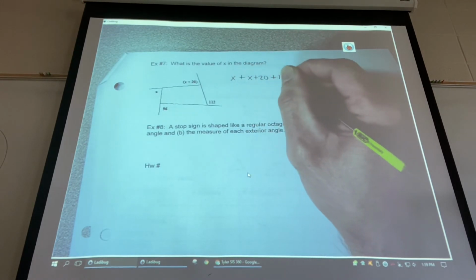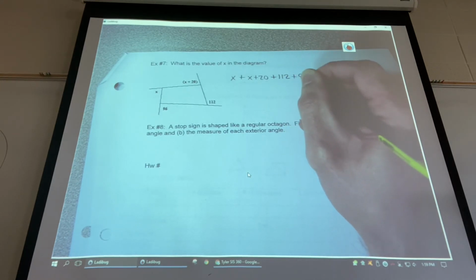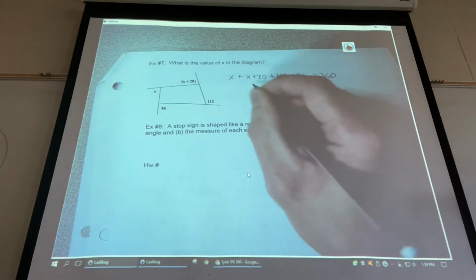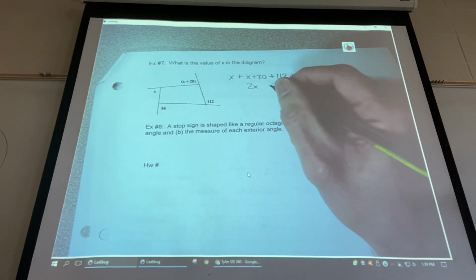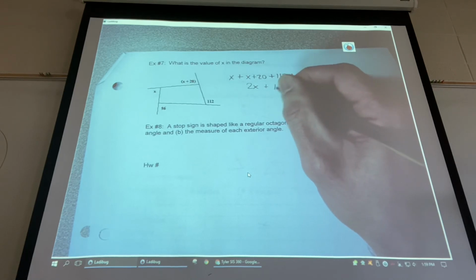It's a little bit easier, isn't it, than the other one? Yeah. Cleaned it up a little bit. It's 128.